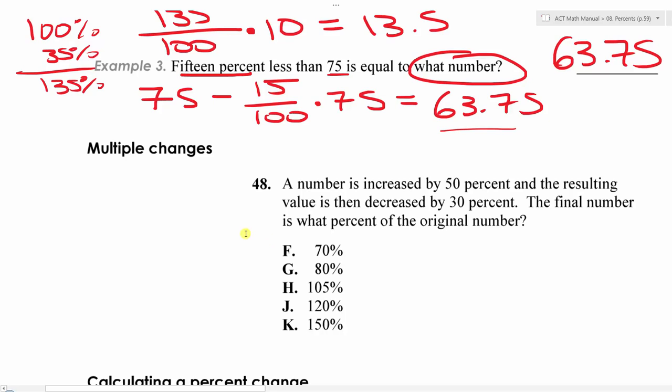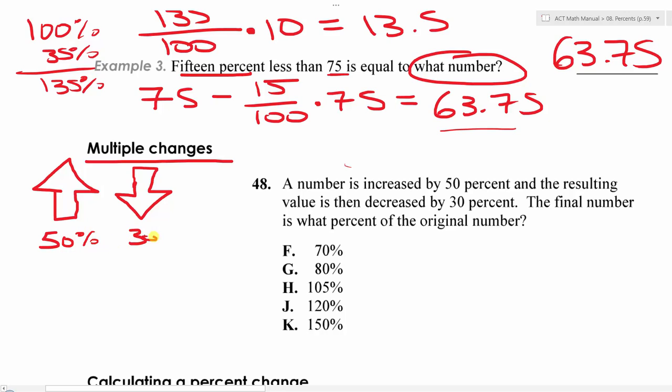Now, number 48 involves multiple percent increase and decrease changes. The 2 or 3 things you need to keep in mind on a question like this, and these are fairly common. First is that there is almost always a fool's gold answer or a bait answer on these questions, and it involves this little tricky thing here, and that is that if you go up 50% and down 30%, a lot of students are simply going to combine these into 1% change, and they're going to say that you are going up a net total of 20%.